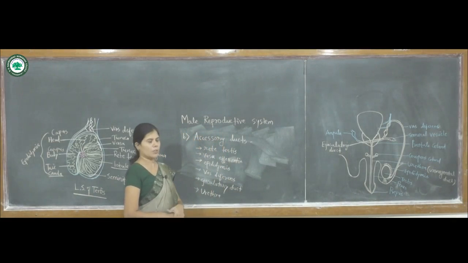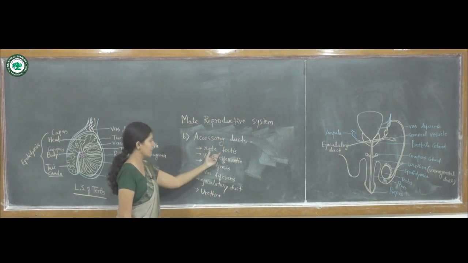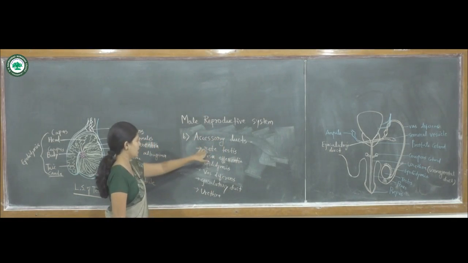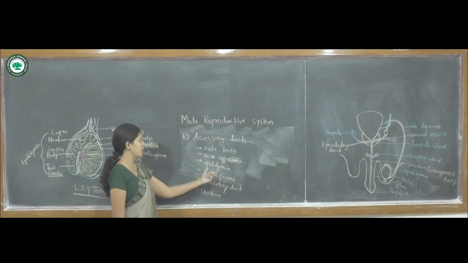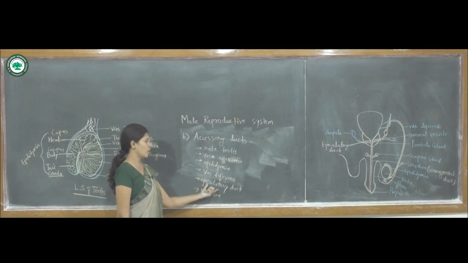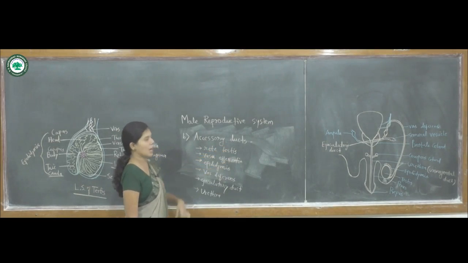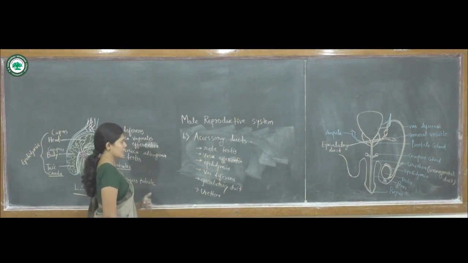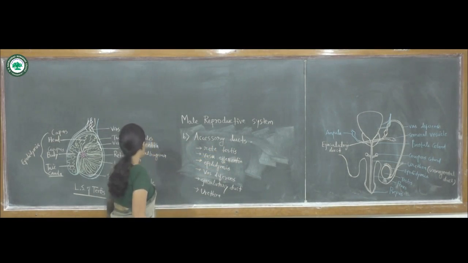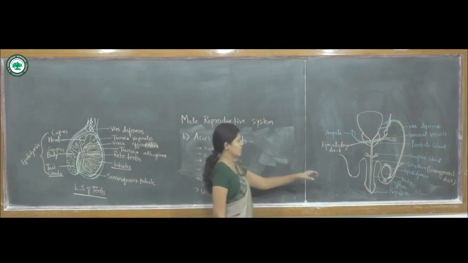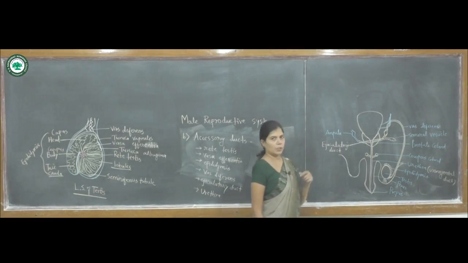In the male reproductive system, the accessory ducts are rete testis, vasa efferentia, epididymis, vas deferens, and ejaculatory duct. These ducts are in pairs. Rete testis is present in both testes.